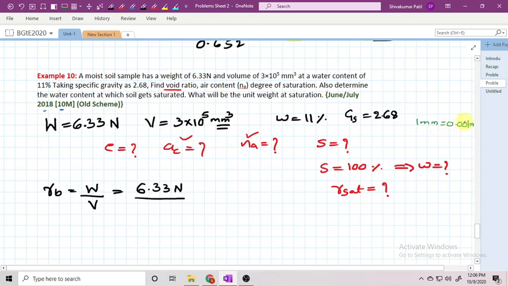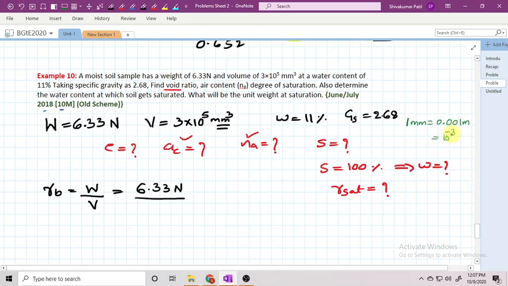Okay, so let me write it properly, this one. 1 mm equal to 0.001 meter. So that means this is nothing but 10 to the power of minus 3.